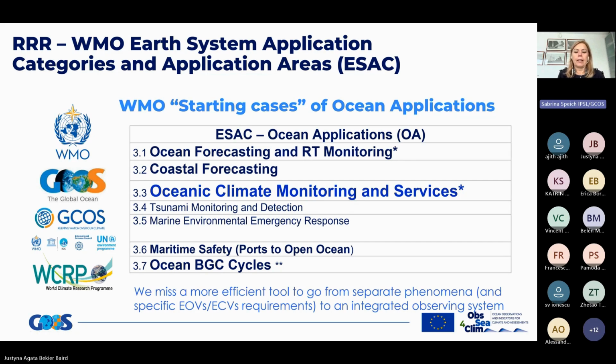But of course, how it has been constructed probably needs a guidance of process that can be applied for further ocean application areas that maybe will be developed in the future, and also how other areas can get inspired by what can be guided for users and experts in all this cycle of the rolling review of requirements process.